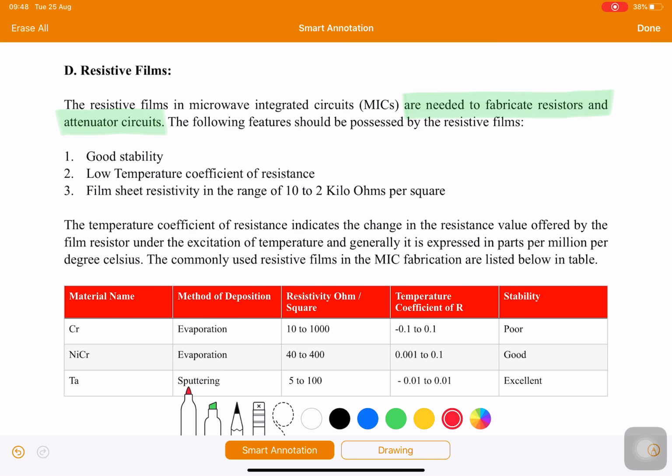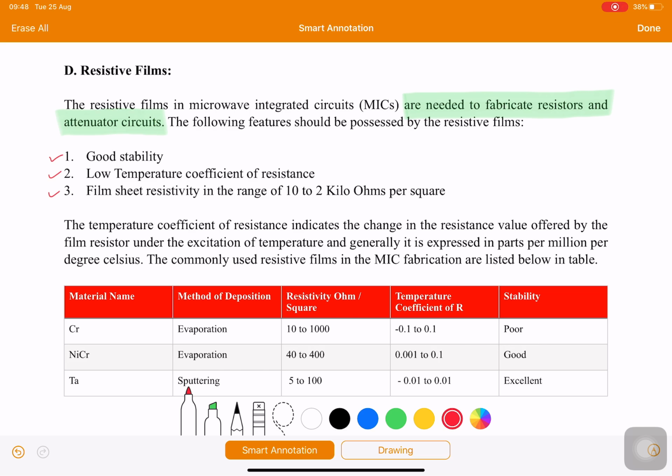They should possess good stability, in the sense good thermal stability and electrical stability, right? They should possess a low temperature coefficient of resistance, and a resistivity value in the range of 10 ohm to 2 kilo ohms per square, right?